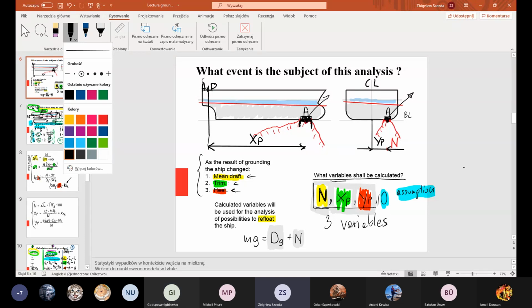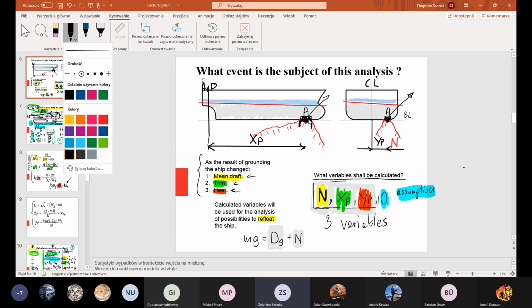Okay, A is the point of action. Probably I wrote the letter A as the first letter of the word action. So what is the real situation? The real situation is that there is an area of contact between the ground and the hull.